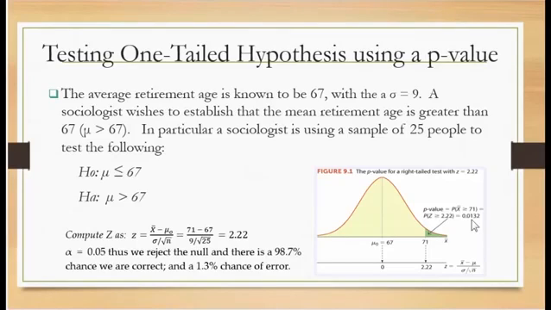So that is sufficient for us to say, nope, we reject the null in favor of the alternative. Indeed, the average retirement age is older than 67.